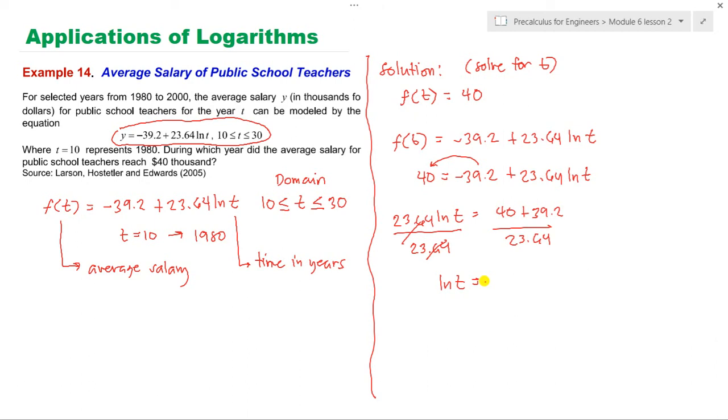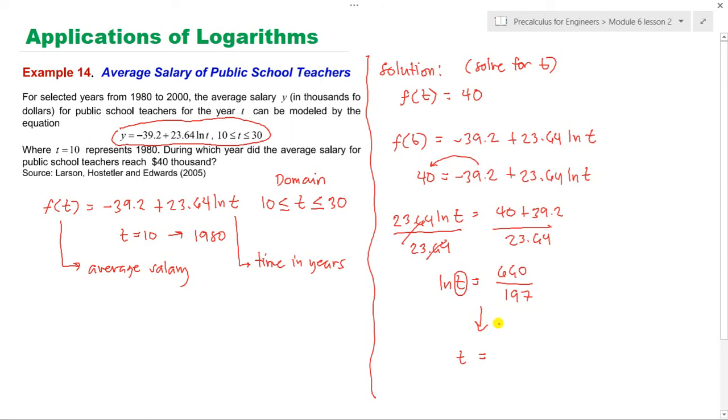divided by 23.64. The answer is 660 all over 197. Okay, since this is in a logarithmic form, so atong i-transform into exponential. Unsa man ang resulting number ani? Kani t. So t is equals to unsa man?